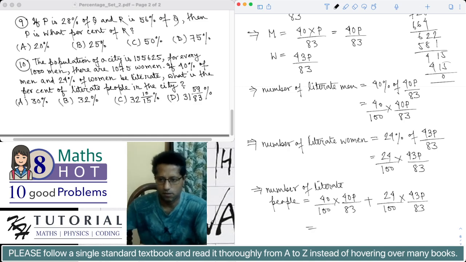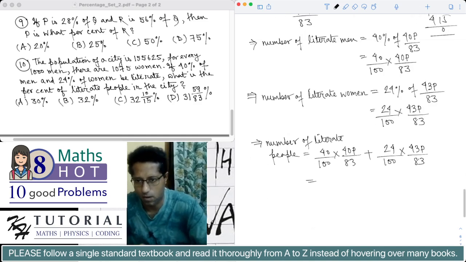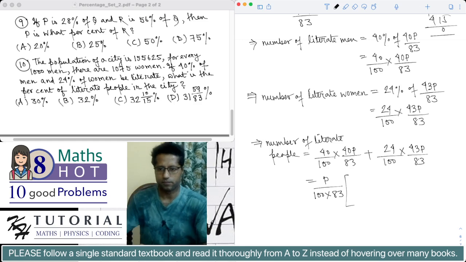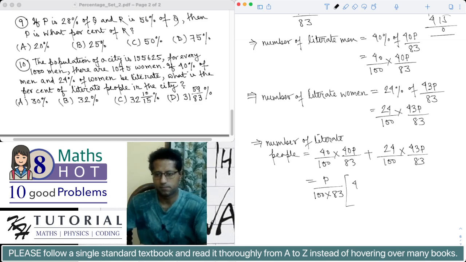Now from these two terms we can take common p by 100 multiplied by 83, and from the first term we have 40 multiplied by 40, and from the second we have 24 multiplied by 43.